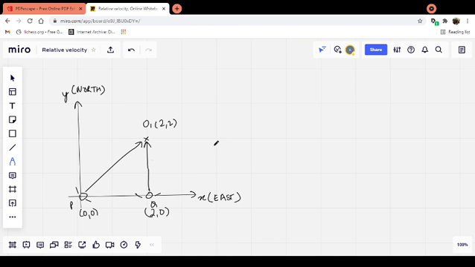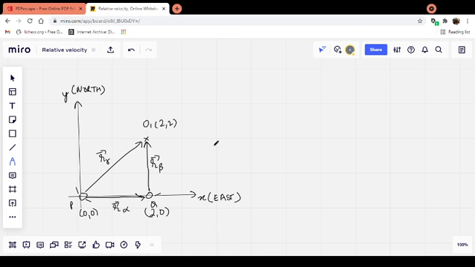Let me name the position vector PO as R gamma vector. This is the position of object O1 as observed by P, and the position of O1 as observed by Q, let us name it R beta vector. And let us make one more vector: the position of Q as observed by P, and name it R alpha vector.